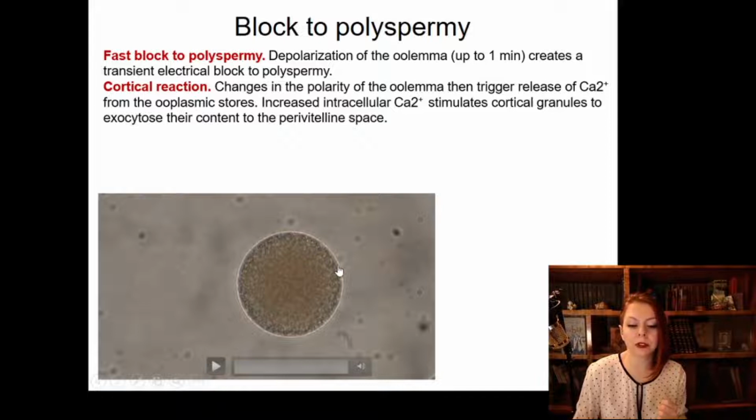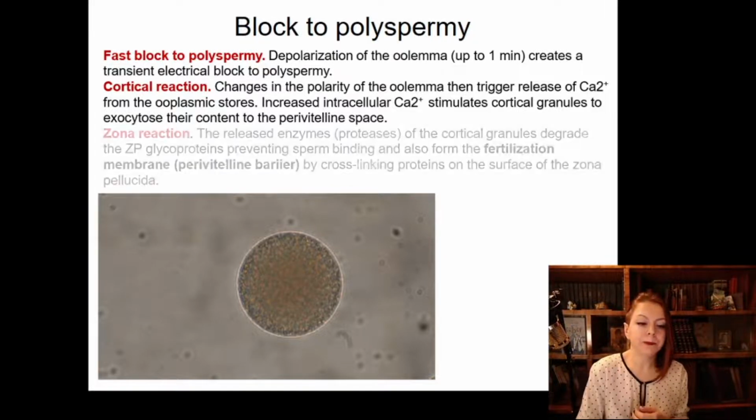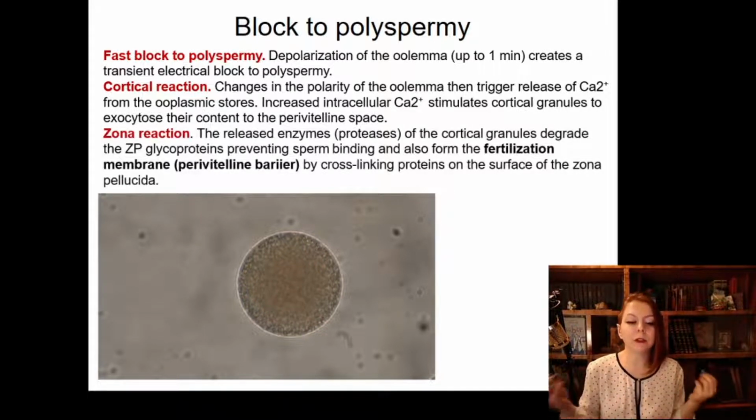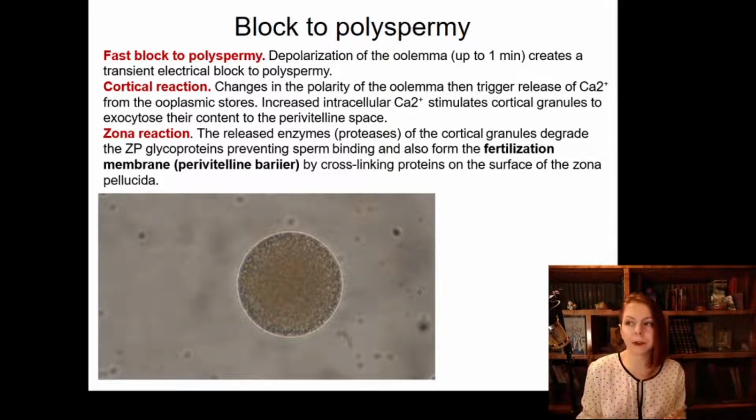Just under the cytoplasm there are lots of cortical granules, and they are released to the perivitelline space, and those enzymes stiffen the zona pellucida, and this is what we call the zona reaction. The zona pellucida becomes from jelly-like more stiff and indigestible, impenetrable for other spermatozoa.